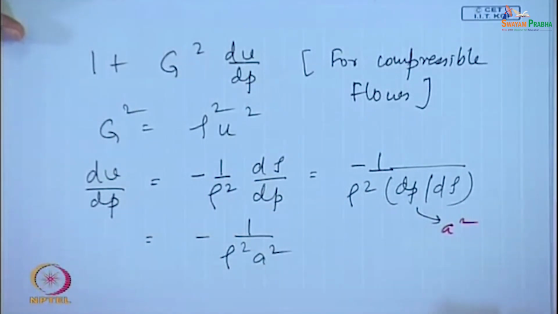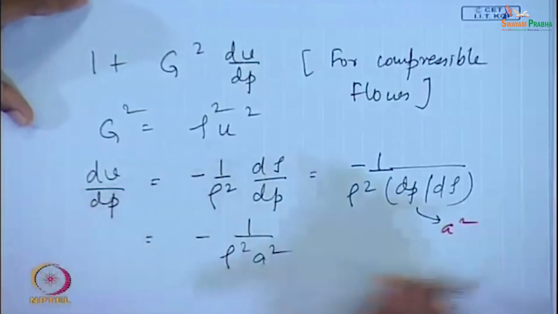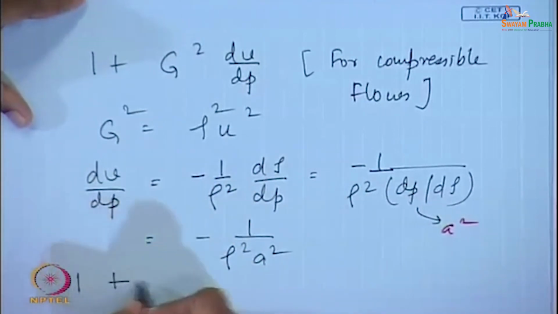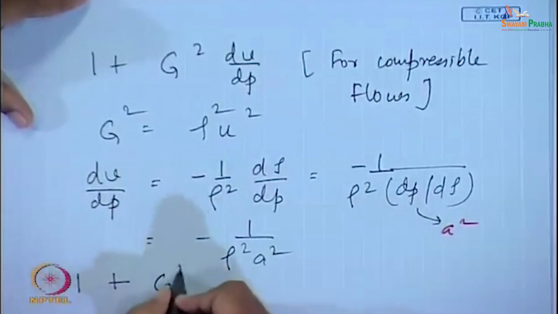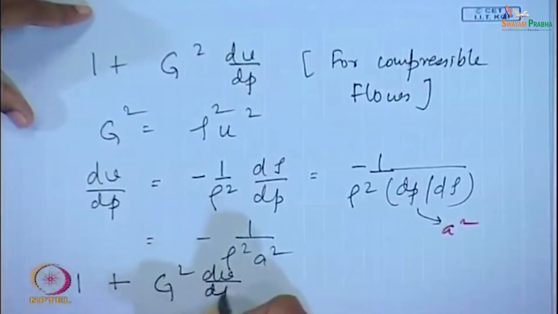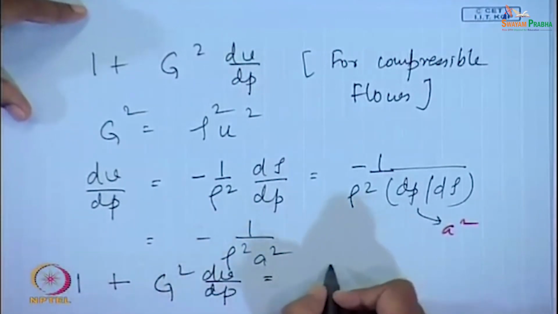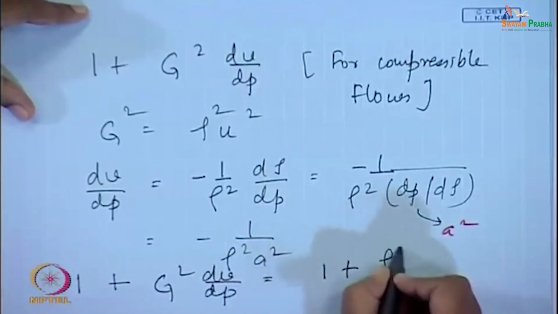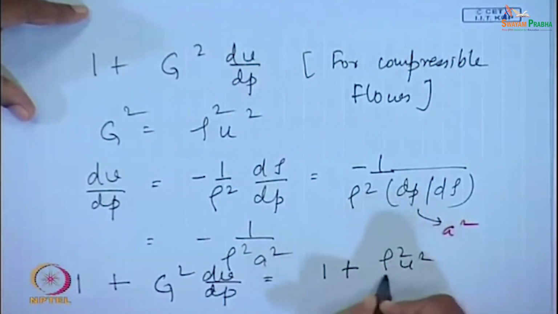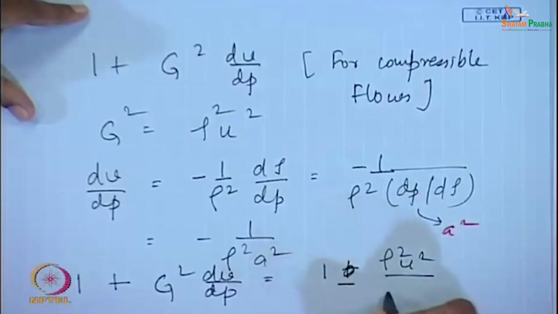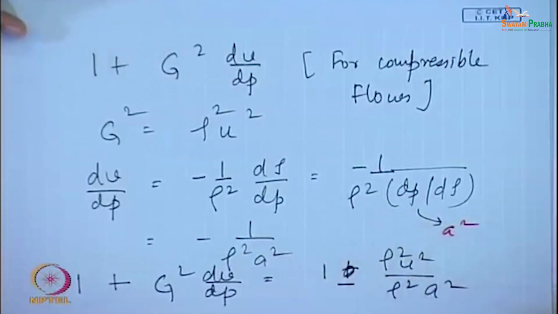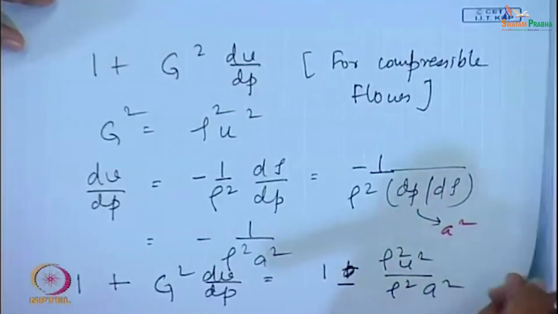You agree with me? So, your 1 plus G square dV dP is nothing but 1 plus rho square u square by minus rho square a square, right.